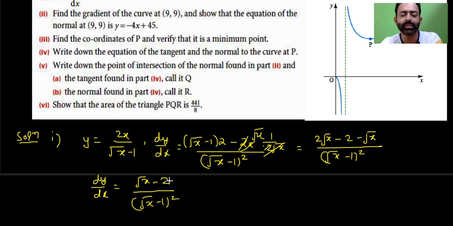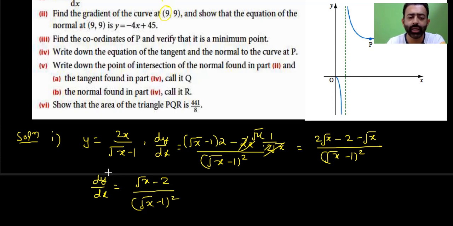The second part says that we have to find the value of gradient of the curve at point 9 comma 9. So as we know, gradient of any function is defined by dy by dx. So you put the value of x as 9 here because the point here is 9.